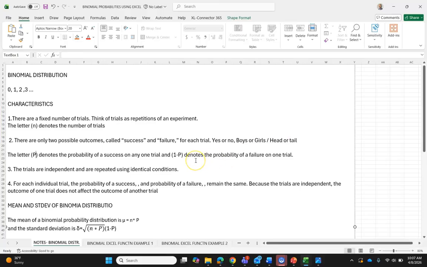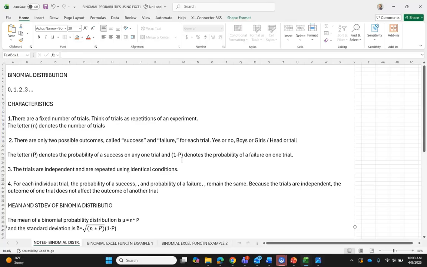The probability of success is denoted by P, and the probability of failure is denoted by 1 minus the probability of success. Here we are applying one of the basic rules of probability, the complementary rule.